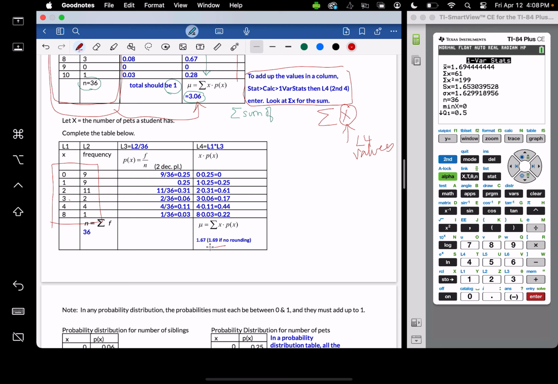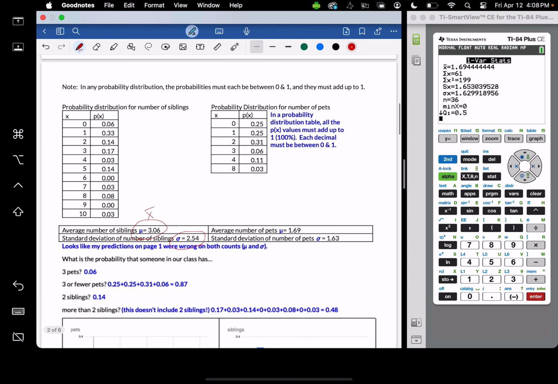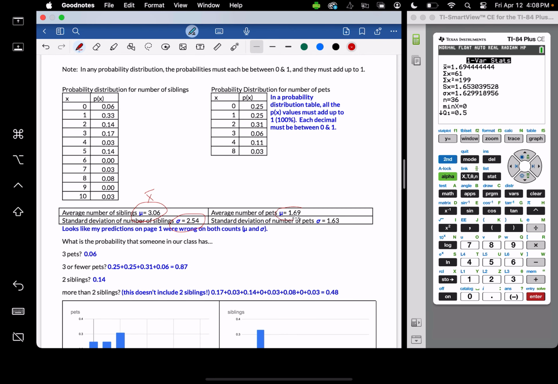Okay, well that matches what I got here, 1.69 if no rounding. And again, here we get that mu is equal to 1.69, and sure enough, sigma is 1.63. So that agrees with what we get right here. So standard deviation 1.63. We'll talk about that in a second.